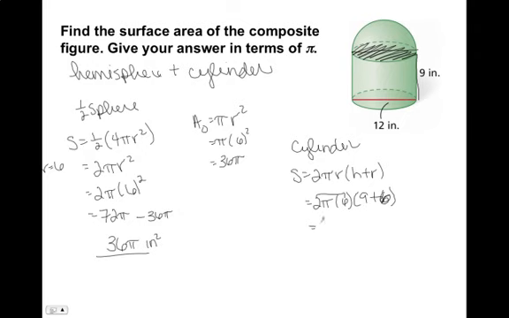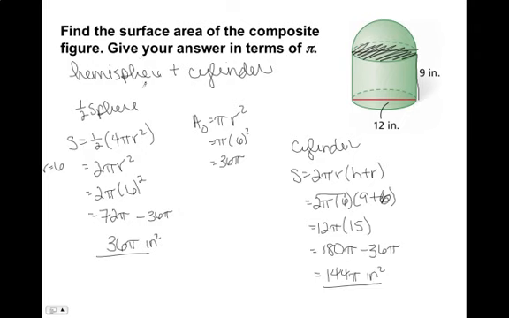So we can do 2 times 6 times 15, because we combined like terms. And we get that the cylinder is 180 pi. But remember, we don't see this circle, so we're going to subtract out our 36 pi. So the surface area for the cylinder that we need is 144 pi square inches.